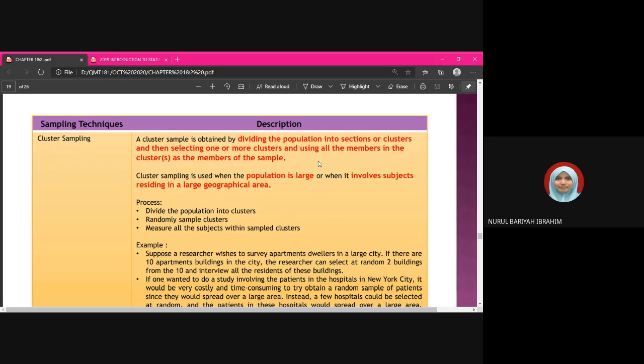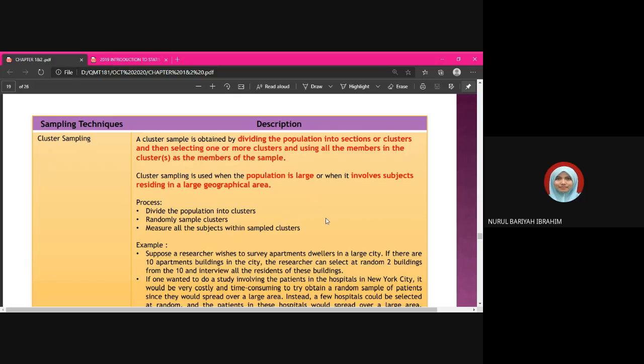Semua sekali. Kita ambil semua sekali daripada 2 selected clusters. Kalau stratified, kita ambil sikit-sikit from each strata, kita ambil sikit-sikit dia punya sampel. Tapi untuk cluster, walaupun ada 5, kita ambil 2 clusters sahaja and we take all the members in the selected clusters tadi sebagai sampel.